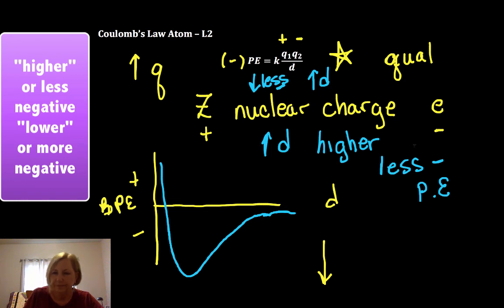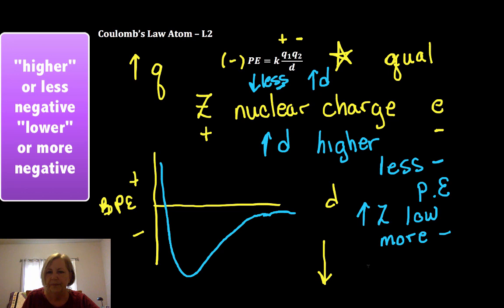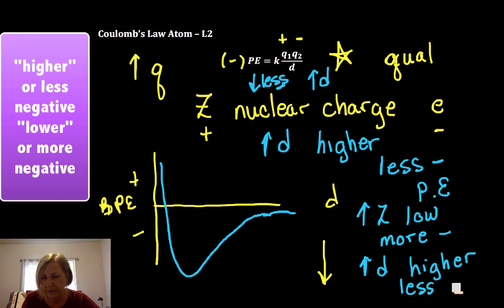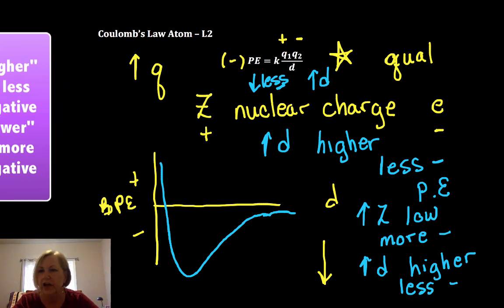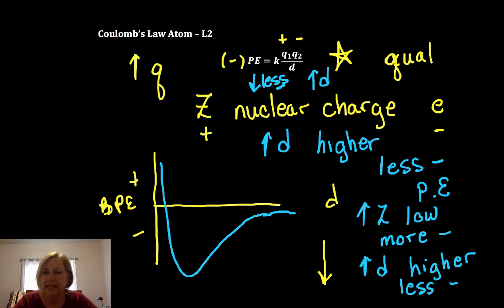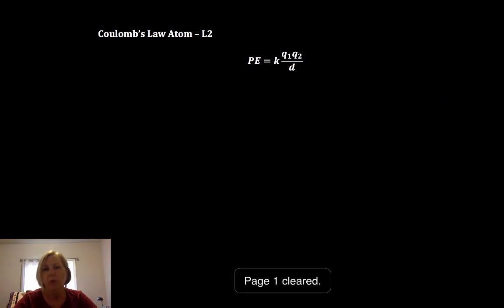So as you're comparing elements, to summarize, increased nuclear charge gives you a lower or more negative potential energy. As you increase distance, you have a higher, inversely proportional, or less negative potential energy. I try not to say bigger or smaller because that negative in there can make that a challenging concept to understand.